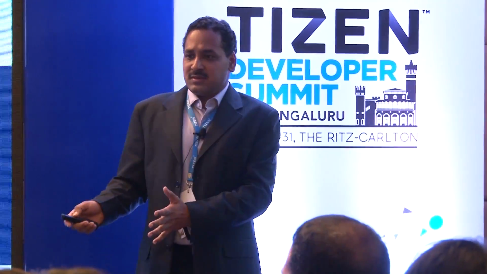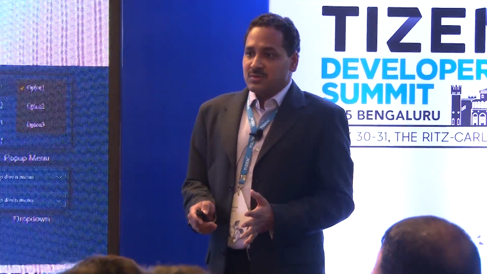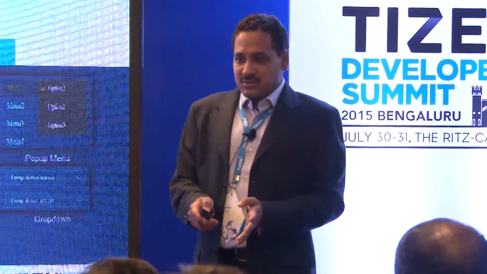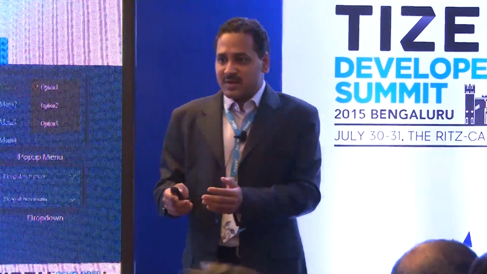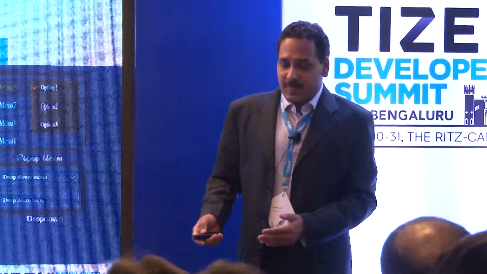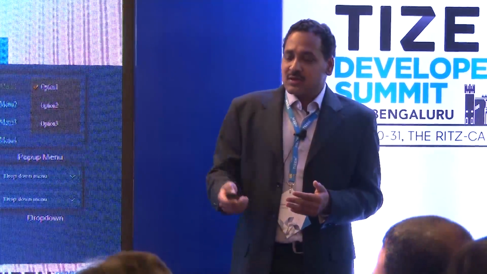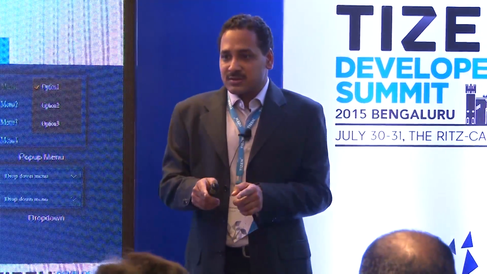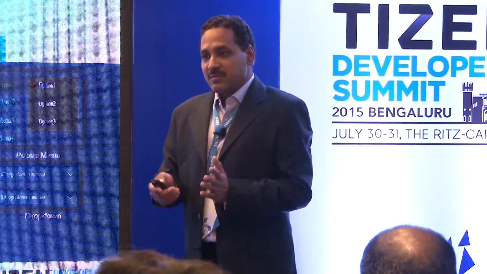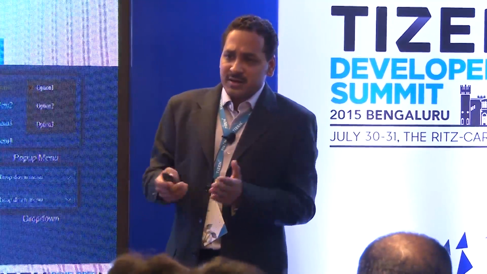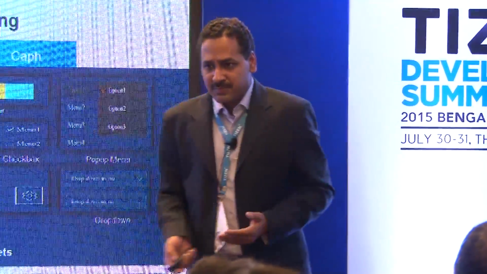Besides this, Caph offers you various layouts, because these days layouting is very important with respect to application development. So Caph gives you power to lay out your user interface or the contents using many different layouts, fluid, relative and tabular, etc.